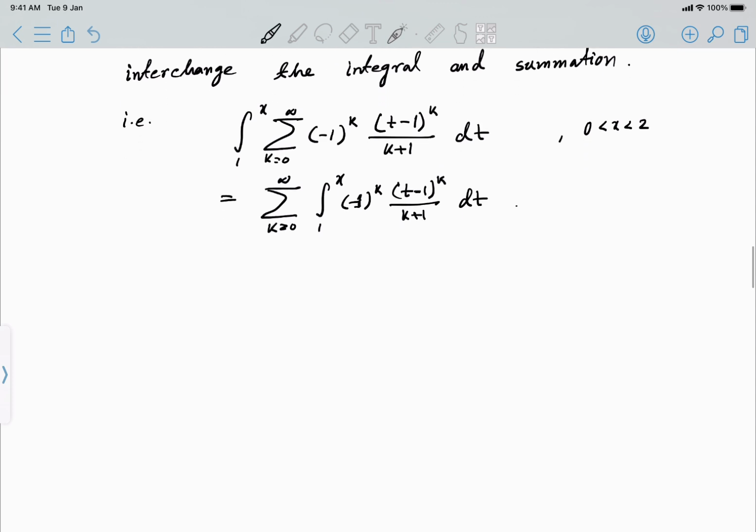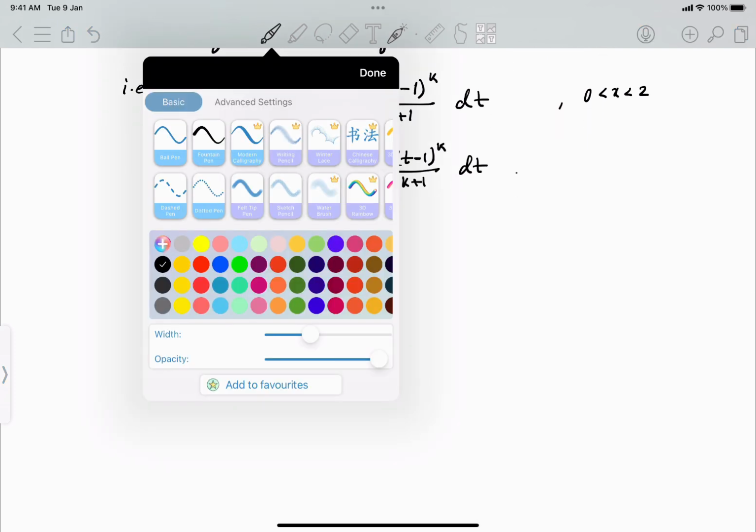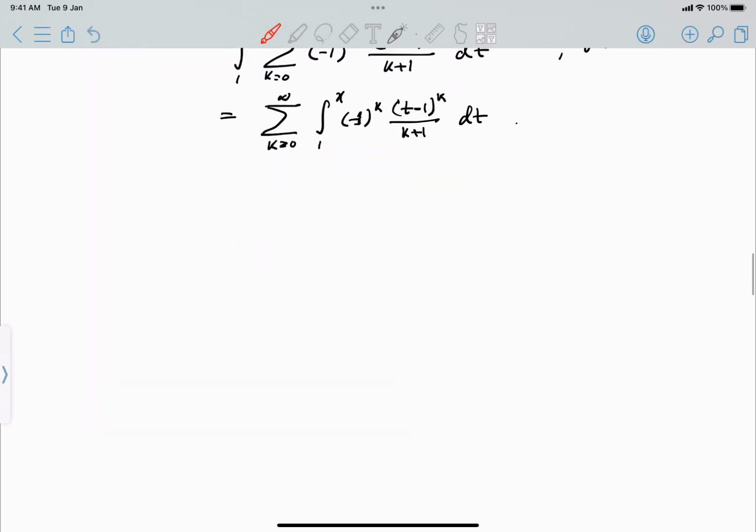This we have to check. Note that there is one result which tells when you can interchange the integral and summation. If this series is uniformly convergent, then we can interchange the summation and integral. So this is one result.